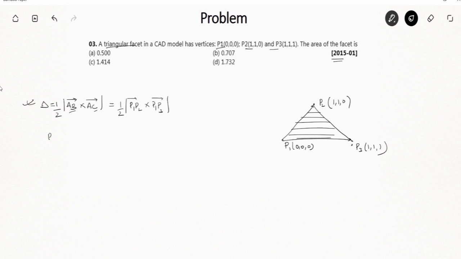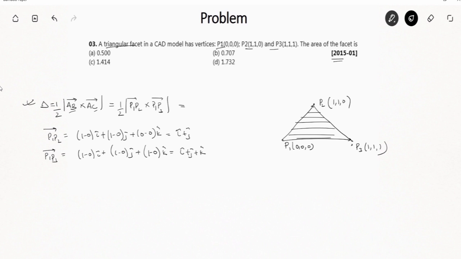So what is the P1, P2 vector? P1, P2 vector can be written as (1 minus 0) i cap plus (1 minus 0) j cap plus (0 minus 0) k cap, which is i cap plus j cap. Similarly, P1, P3 vector can be written as (1 minus 0) i cap plus (1 minus 0) j cap plus (1 minus 0) k cap, which is i cap plus j cap plus k cap.